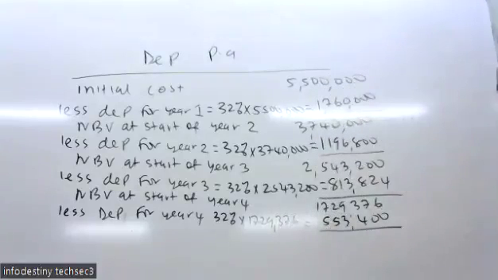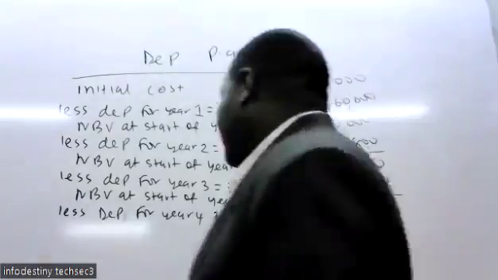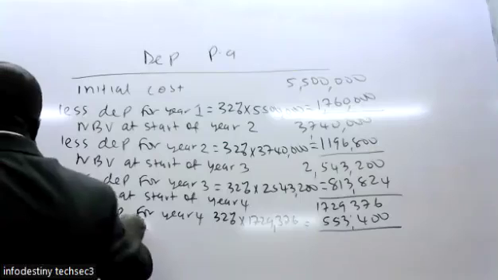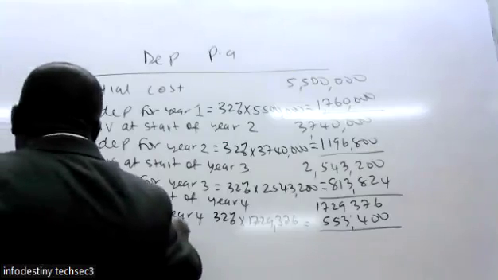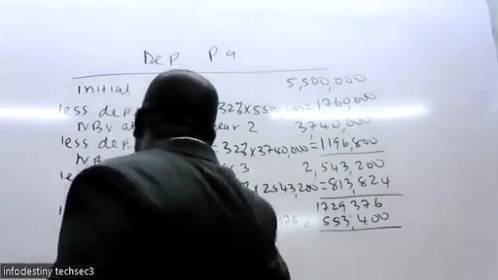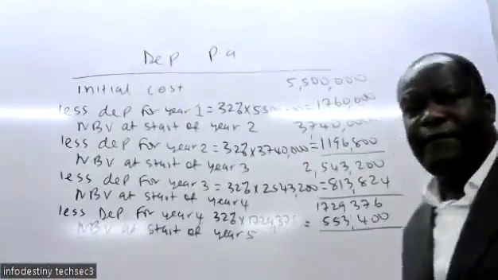So that you get the net book value at the start of year 5.